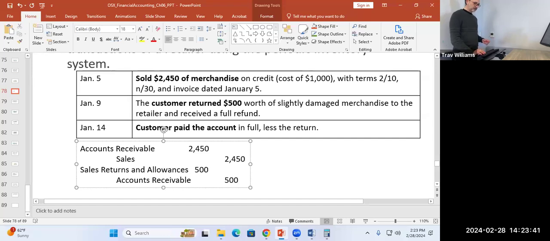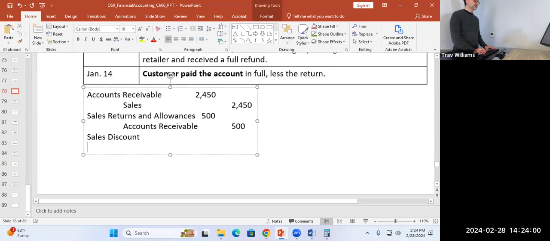Then the customer makes their payment. So let's see, they owe us $1,950, right? And they do get a discount because they paid within 10 days. Now this part is the same. It's exactly the same between perpetual and periodic.